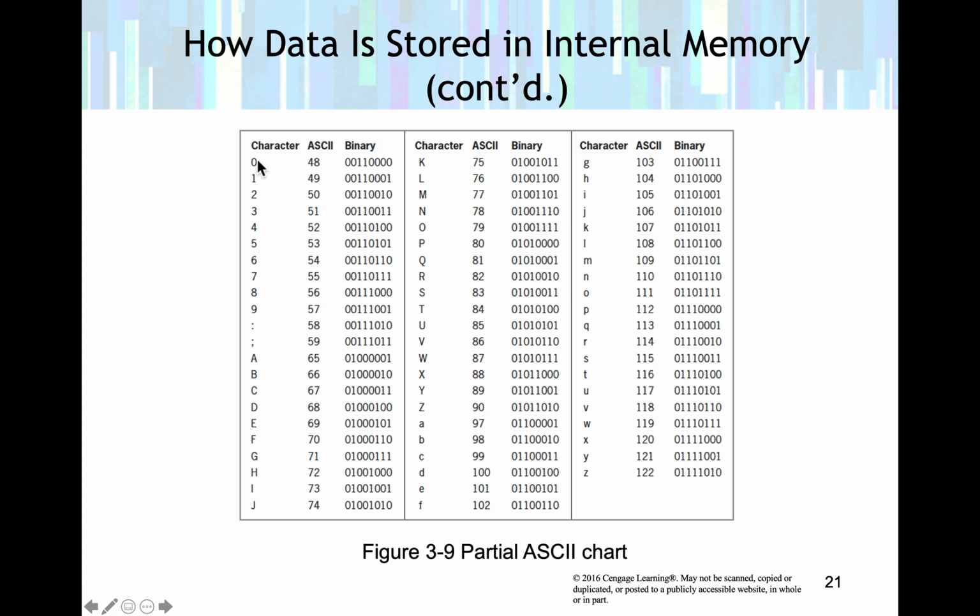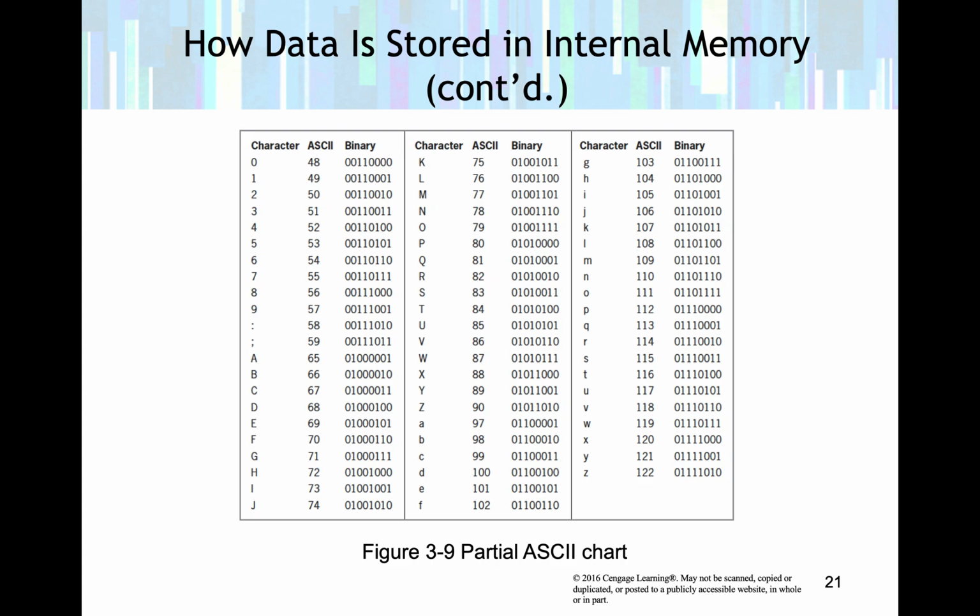So this would be the ASCII code for this number, and this is the binary code for that number. Capital A has an ASCII code of 65, and this is the binary code, etc. I'm going to post another video that talks about how to convert into binary.